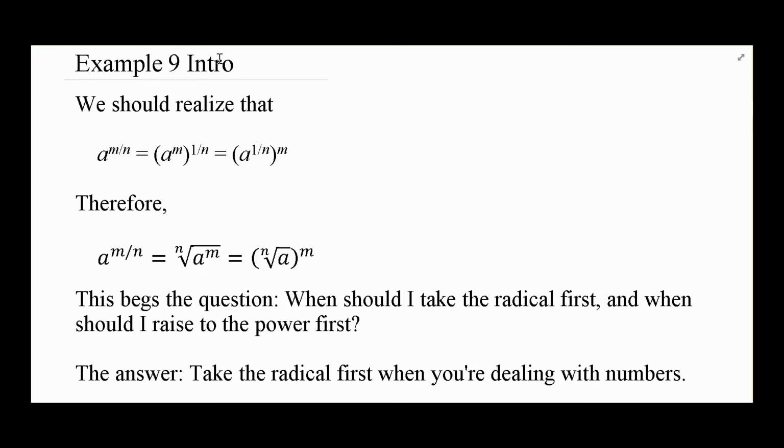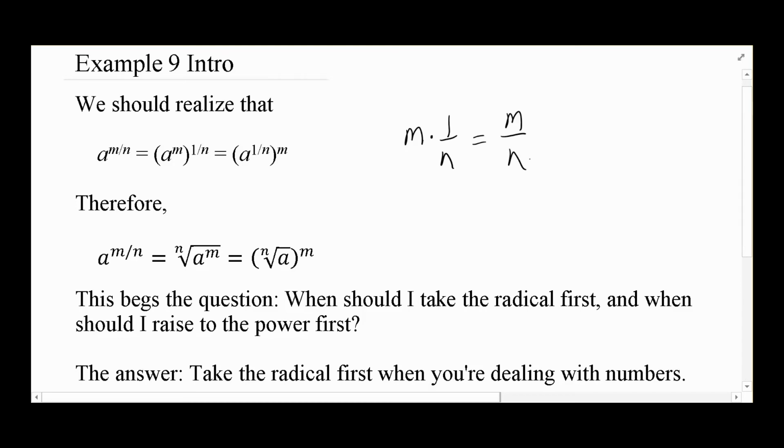You could write that as the base to the m power, and then raise that to the 1 over n. Or you could take your base to the 1 over n power, and then raise that to the m power. And either way we do this, we're saying m times 1 over n is how I get m over n. And it doesn't matter which order I multiply in.